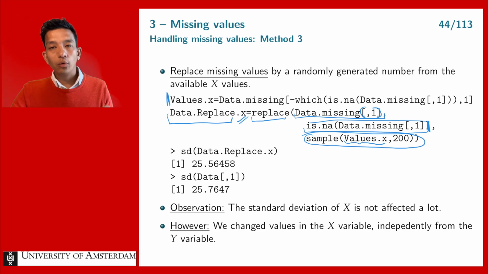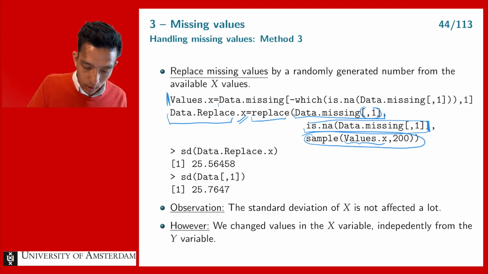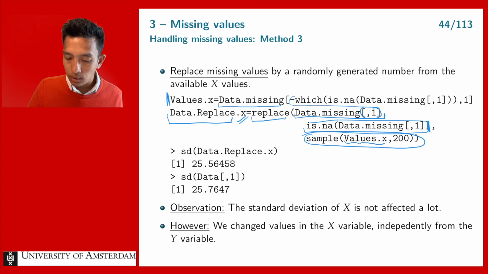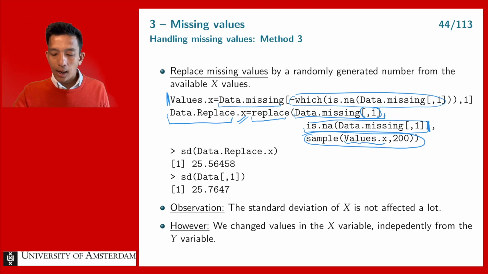Values.x contains all the values that appear in the first column. So I take data.missing and I delete all the missing values. And I take only the first column because that's where the missing values are located, right?